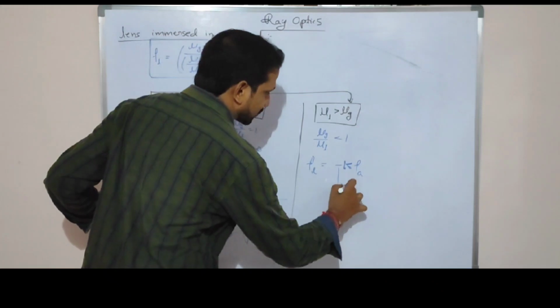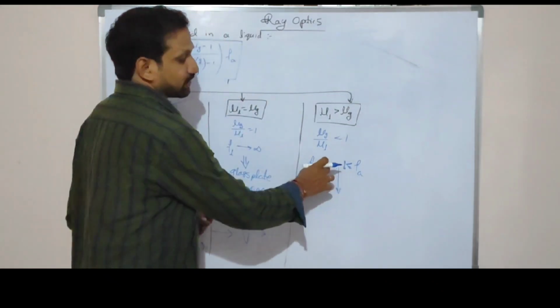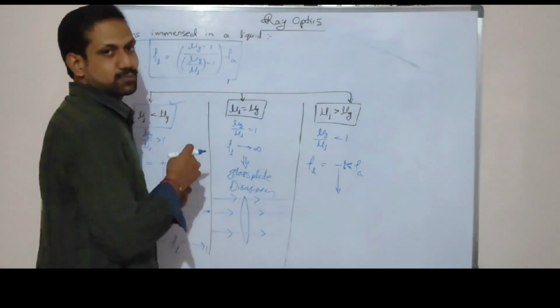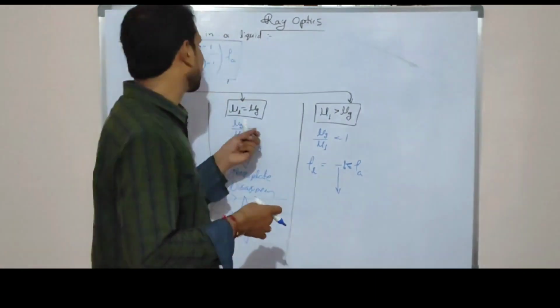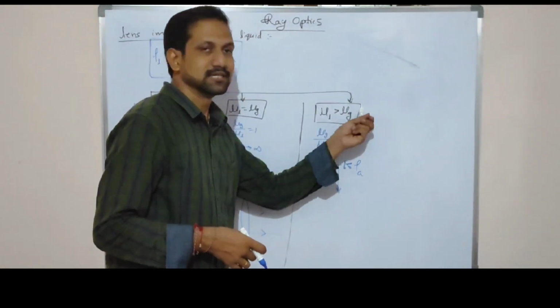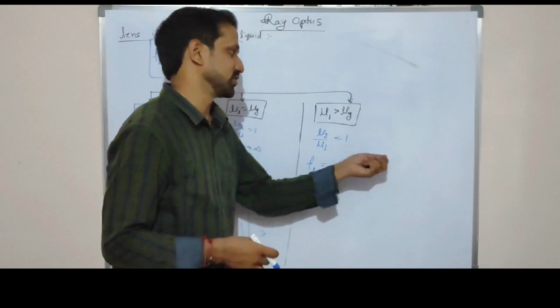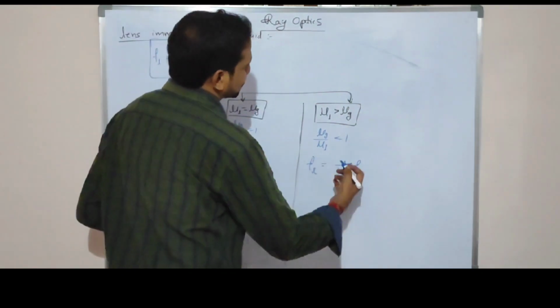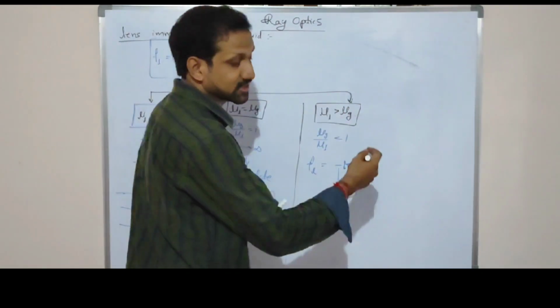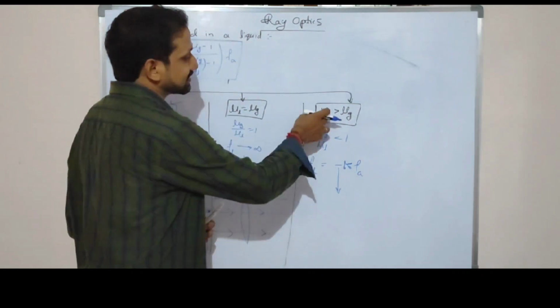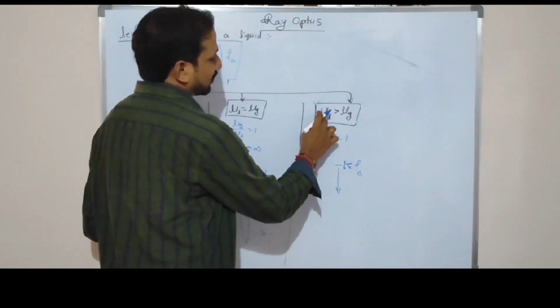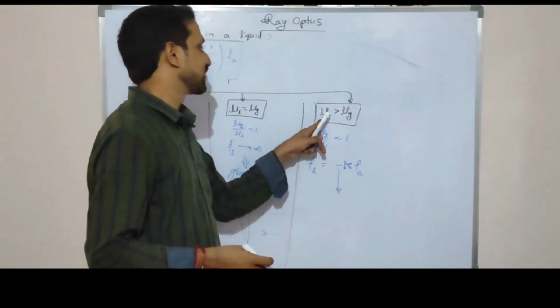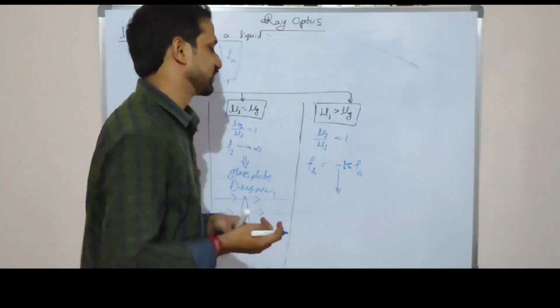What is the meaning of this negative? The meaning of negative is, in air it is behaving as a convex lens. If you immerse it in this liquid, then it behaves as a concave lens. So a convex lens in air behaves as a concave lens in this liquid, because the liquid's refractive index is greater than the glass refractive index.